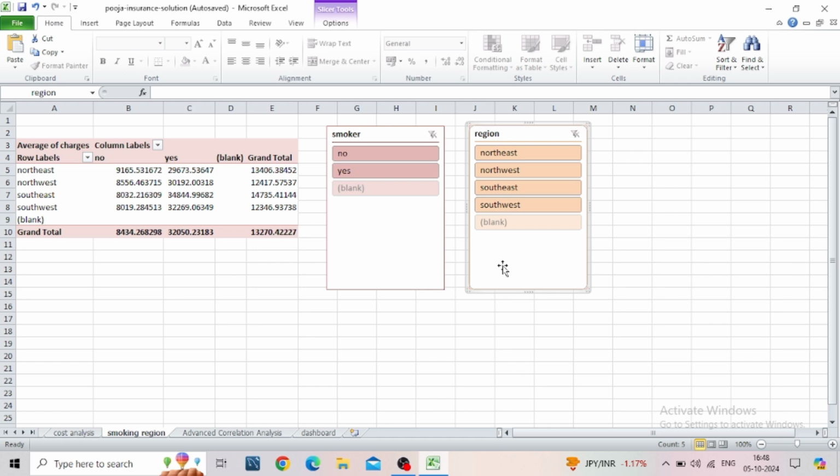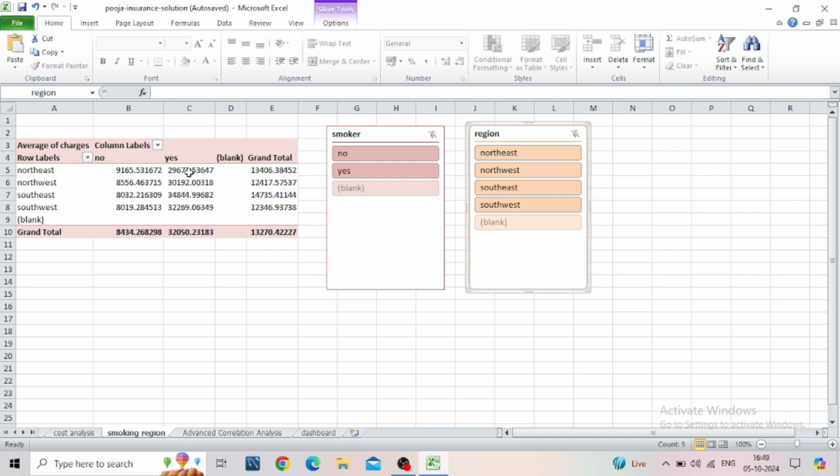By using these slicers, I was able to observe a clear trend. Southern regions, you can see here, have a higher number of smokers, because this yes value represents the smokers.